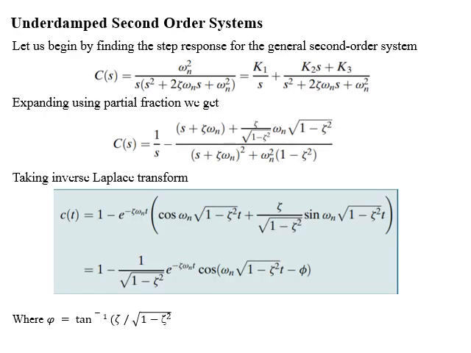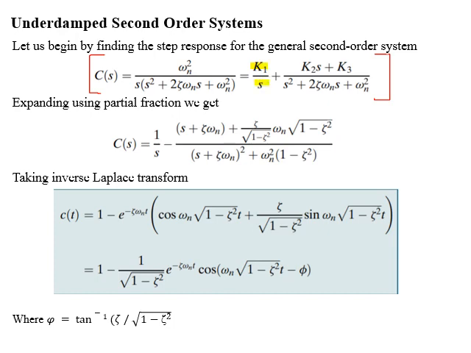Dear students, now we will find step response for the given second order system. Output of the system will be equal to input R of S multiplied by transfer function G of S. For time response we will use partial fraction, and we will have two terms.